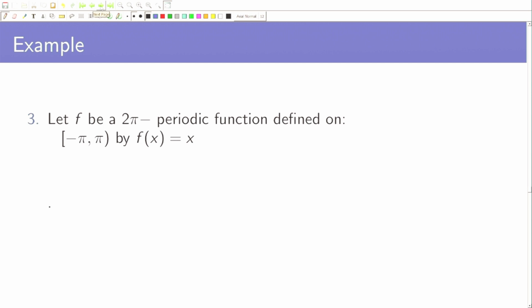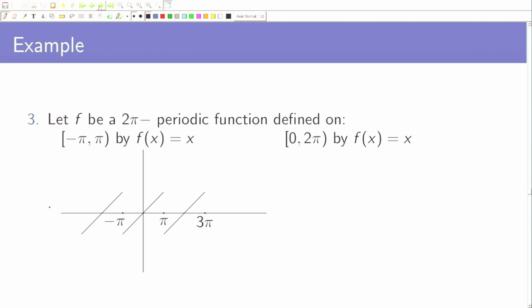Suppose I have a function defined from minus pi to pi, f of x equal to x, and I want to compare it with the function f of x equal to x, but on 0 to 2 pi. You see, from here if I shift by 2 pi, I am not going to get 0 to 2 pi, because I will get pi to 3 pi. So, how does this function look?